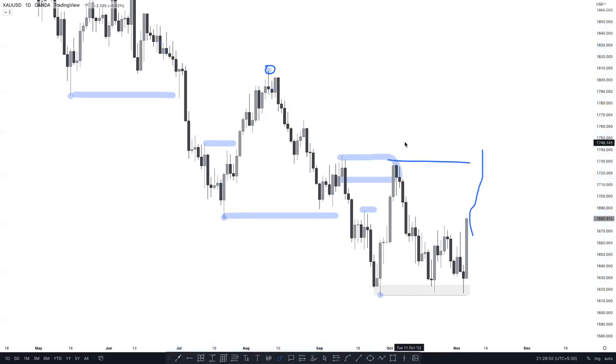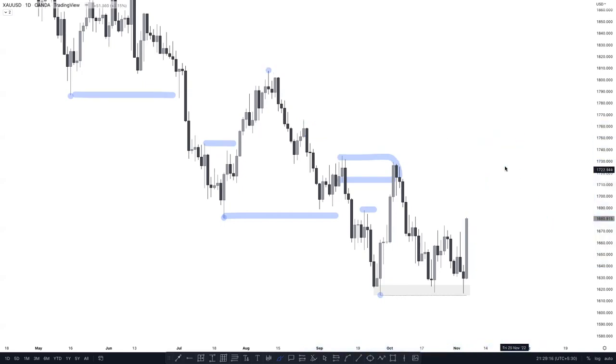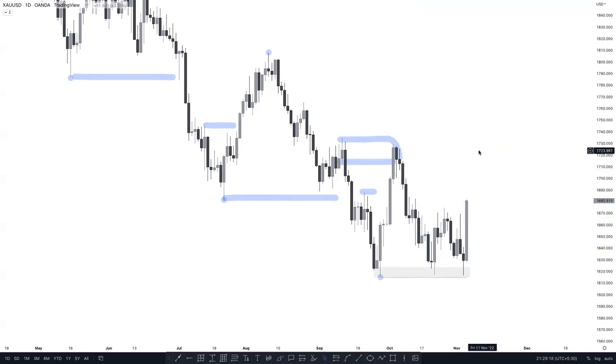If market goes higher, right, and pushes like this one, it is a valid, proper imbalance, right? So this becomes our more valid area for the sell, right? So let's see what happens next in upcoming days in gold.